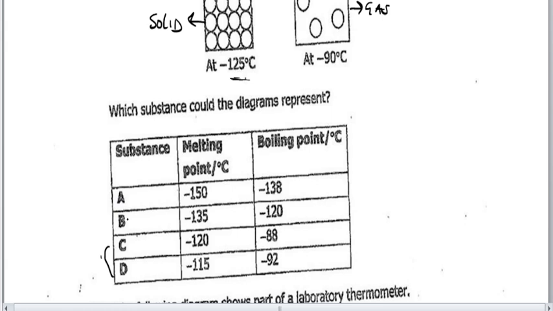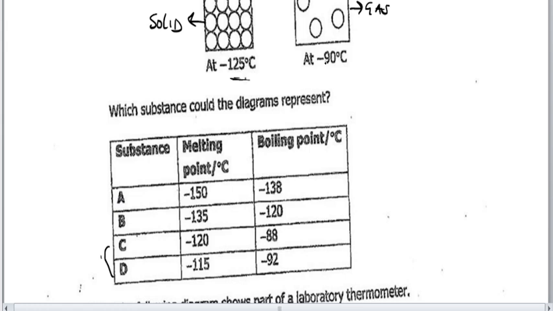So now the boiling point, in order for this to be turned into a gas, we need a temperature that is a bit higher than negative 90 degrees, because we are looking at this. So we want something less than negative 90 degrees.